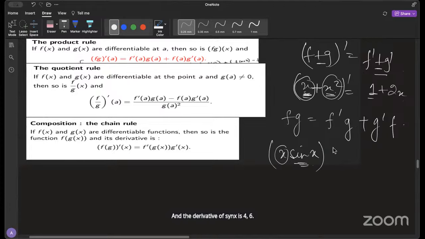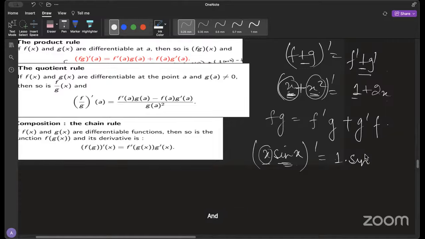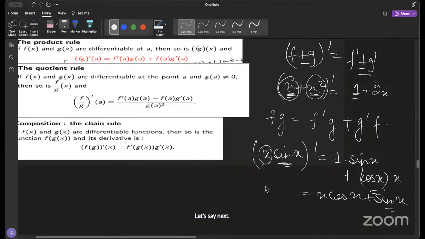So the derivative of this entire thing is, first you take the derivative of x, which is 1, and keep sine x constant. And then you take the derivative of sine x, which is cos x, and keep x constant. So the derivative is x cos x plus sine x. Is that fine?